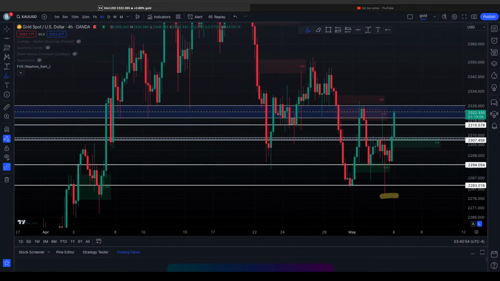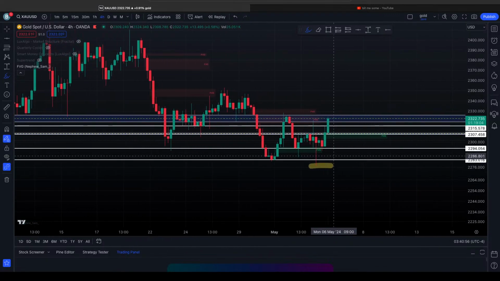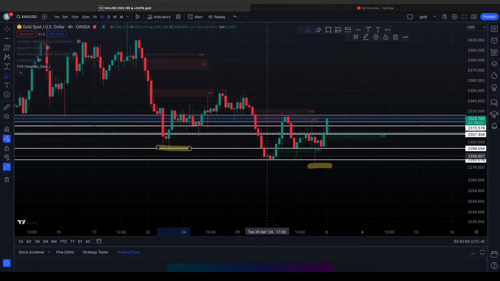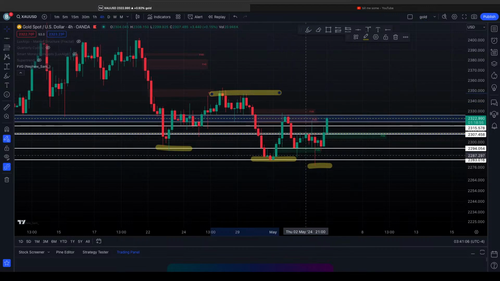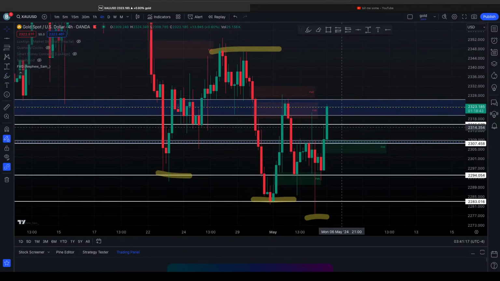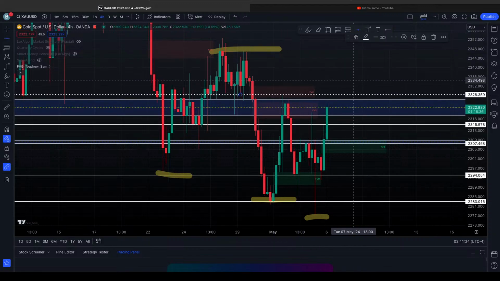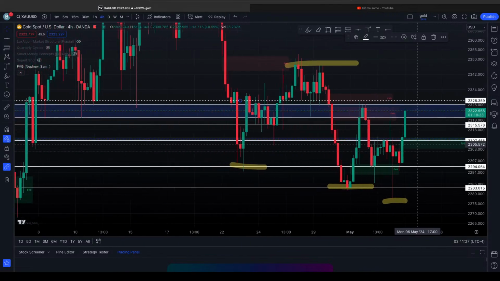But the way this kind of looks to me, what I see here is that we broke these lows with this guy, and then we didn't break these highs, but we ended up breaking these lows with this low. So what I'm thinking now is the next high we'll probably break is going to be this guy up here. So if that ends up being the case, this is probably where our next target would be at 28.